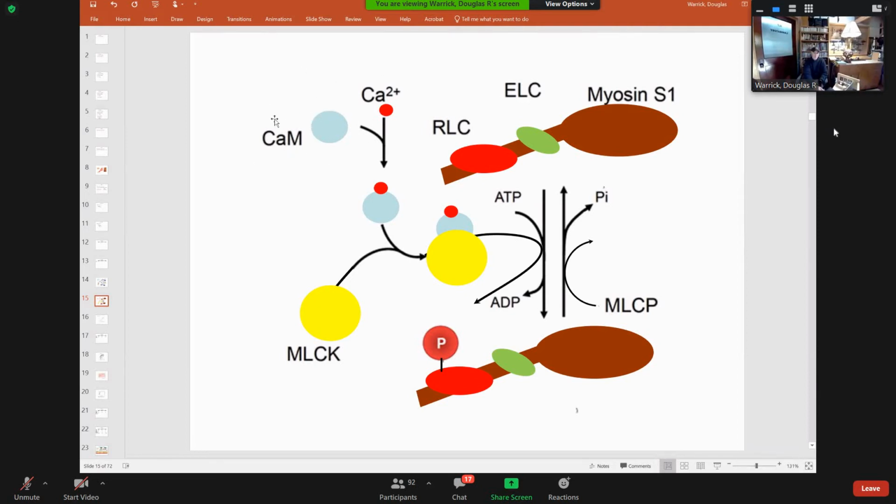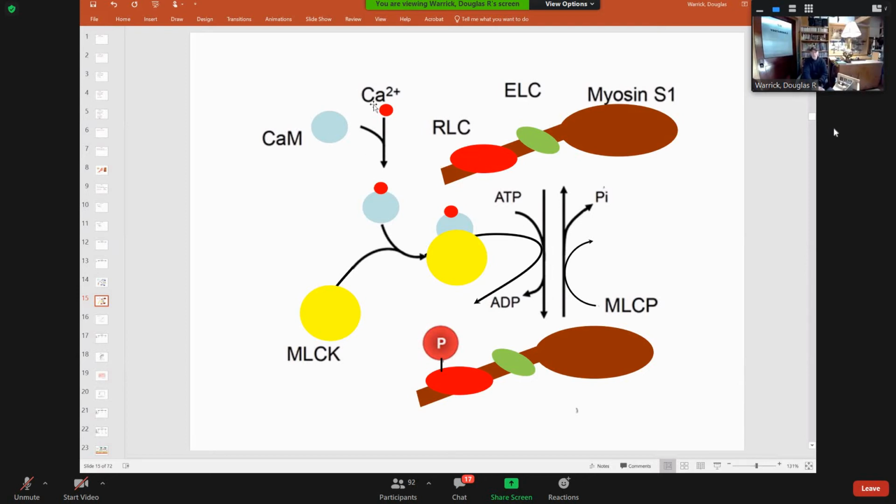This is calmodulin with a calcium ion. So CaM is calmodulin. Here's calcium, and it binds to calmodulin. This is a myosin head, myosin tail, and these are the light chains. The essential light chain, which is just a structural thing, and the regulatory light chain, which is, as the name implies, regulatory.